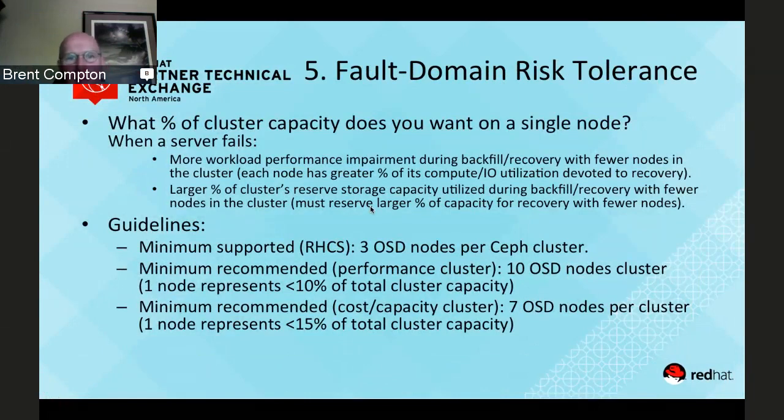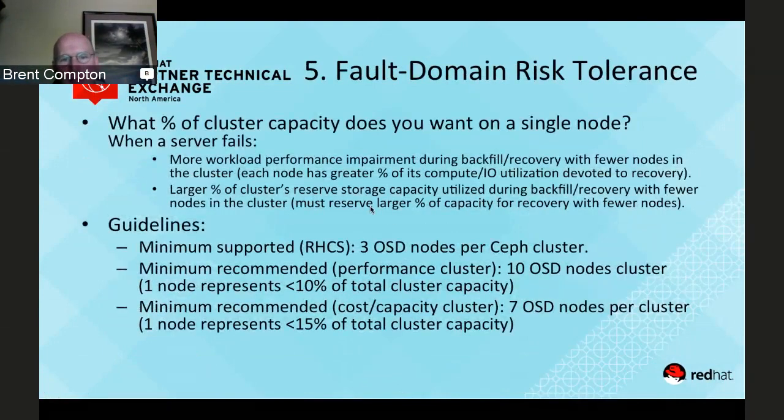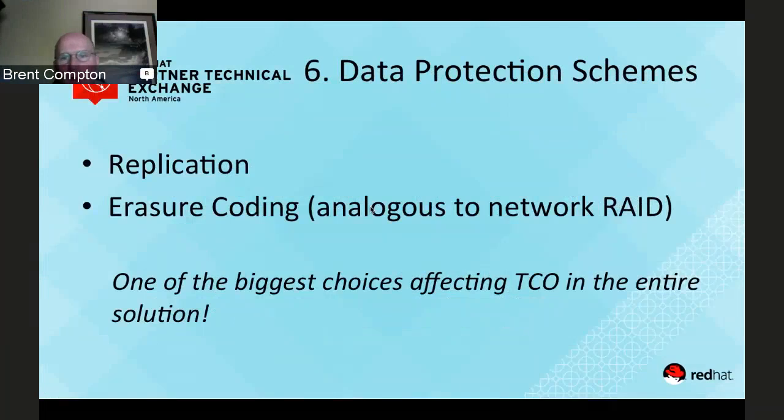That's number 5. Now, number 6, and I'm going to tee this up for Kyle as well here. So data protection schemes. One of the statements we made at the bottom here is that it's one of the biggest choices affecting the TCO in the entire solution. It's obviously meant to be a blatant attention getter.